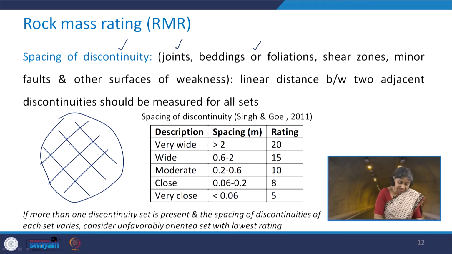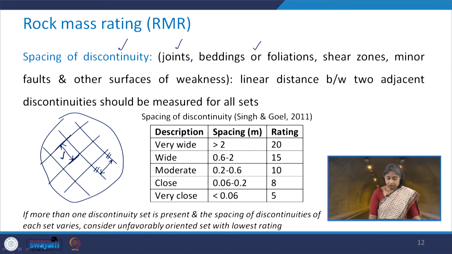What we do is take two adjacent discontinuities, let us say this, and whatever is the minimum distance between these, that is going to give me the spacing of discontinuity. But this is going to be for this particular joint set. If you have to get the spacing for the other joint set, then you should take this distance between these two adjacent discontinuities.